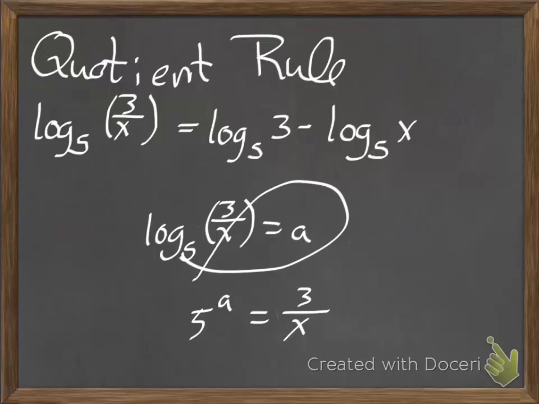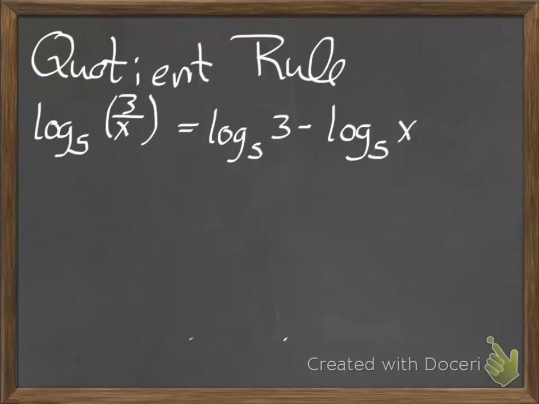So that's me raising 5 to some power and coming up with 3 over x. It's not going to happen. I've just chosen numbers that will be easy to distinguish where they are, not for the purposes of actually solving it. There is a way to solve this, but we're not getting there today. Today we're practicing just expanding and condensing and learning the rules. Next week we'll be solving.